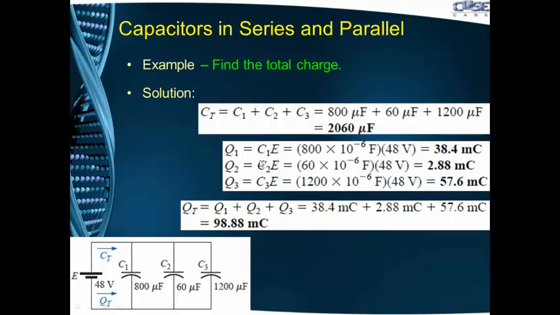So Q1 would be C1, which is 800 microfarad, times E, which is 48 volts. So we will get this much charge, and similarly for Q2 and Q3. Then adding all these charges, we can find the total charge.